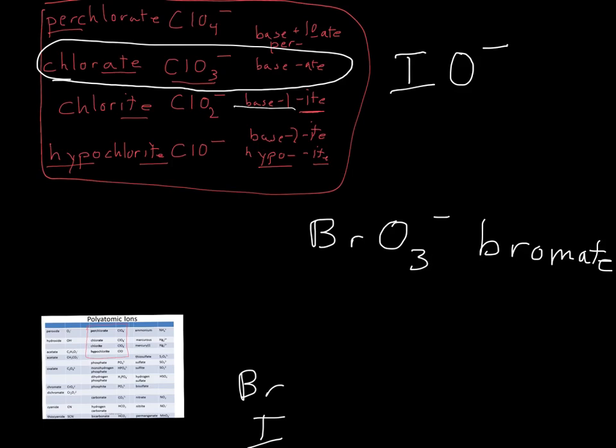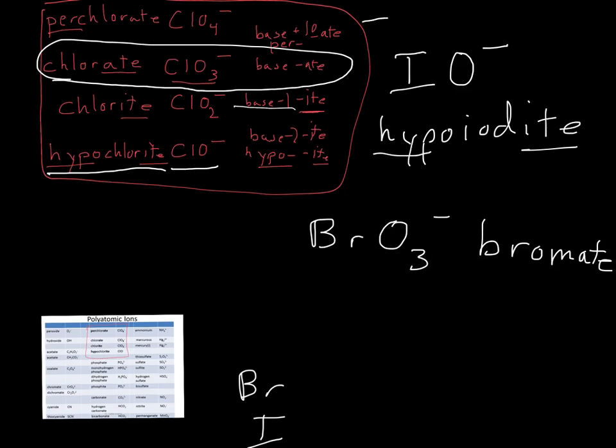Iodine's in the same group as chlorine. So if ClO negative is hypochlorite, IO negative would be hypoiodite. So you're responsible for knowing all the halogen oxyanions that you can make similar to that chlorine family.